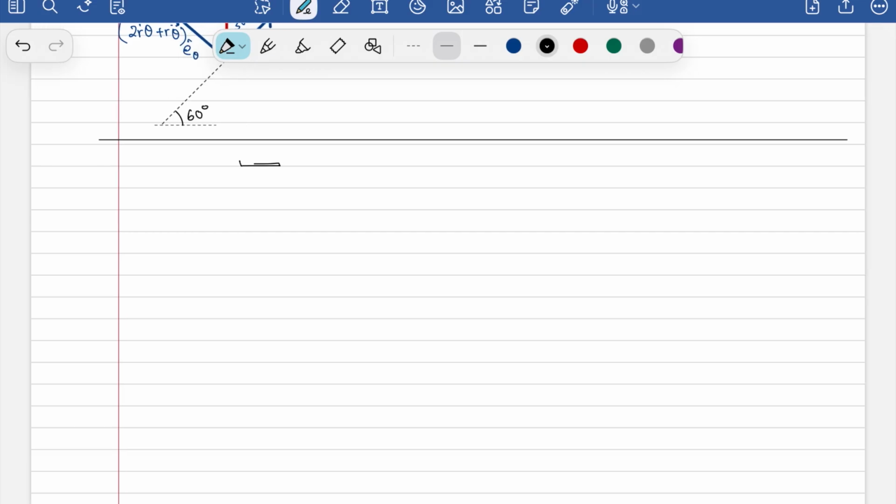You're now tracking a fighter jet, or just any jet that's traveling horizontally, and your radar system is here. It is looking at this jet, and in this instance, you are given only a few components.